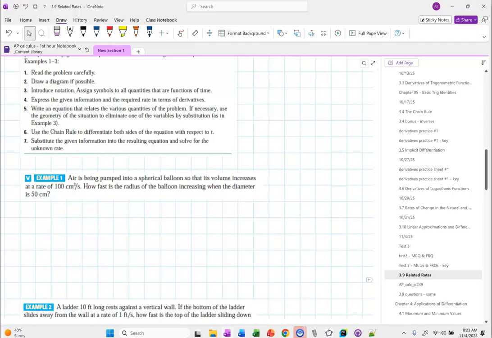Okay. There's no triangles to draw here, so there's not much of a picture to draw, but there we go. There's our picture. There's a sphere.